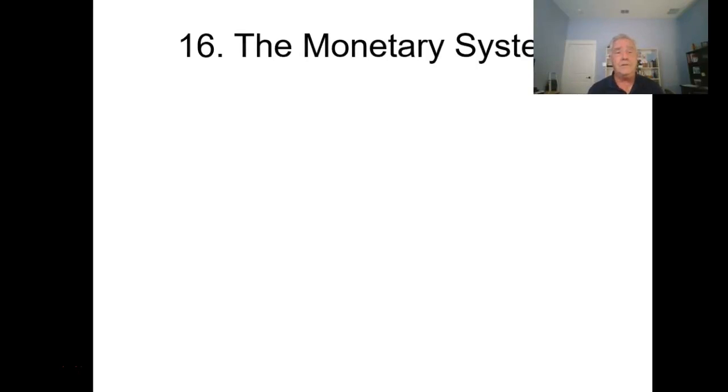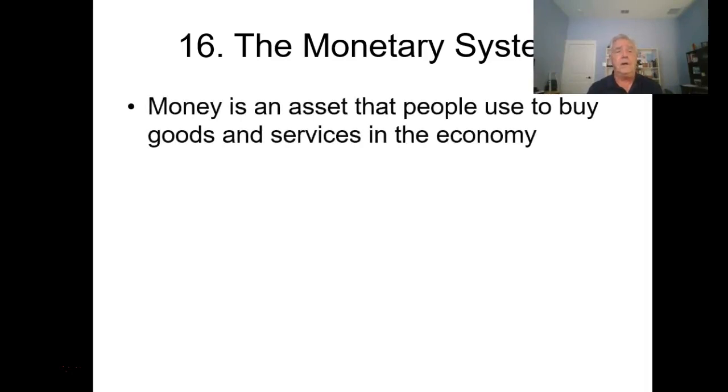All right, chapter 16, moving on, the monetary system. Let's talk about money. Money, money, money. The monetary system in the US is also kind of unique, but we're going to cover some of the unique features. Okay, money is an asset that people use to buy goods and services in the economy.